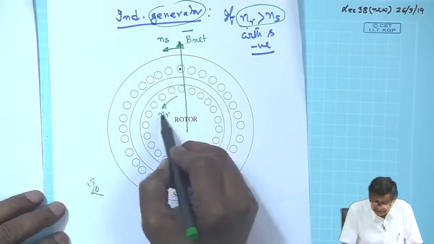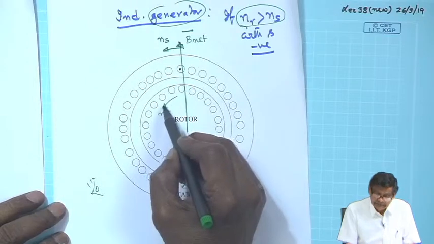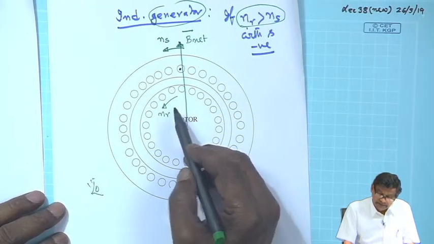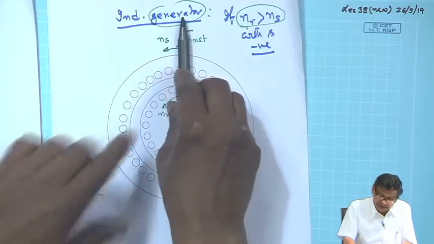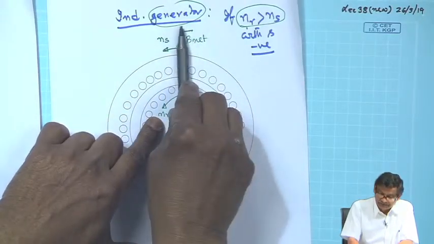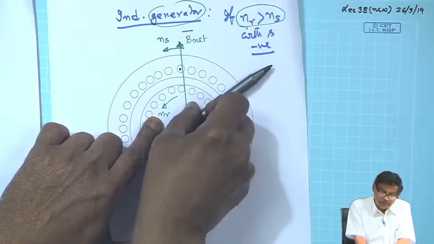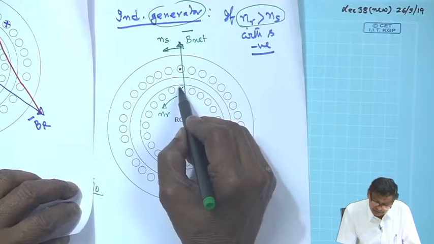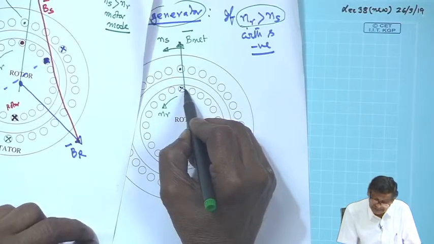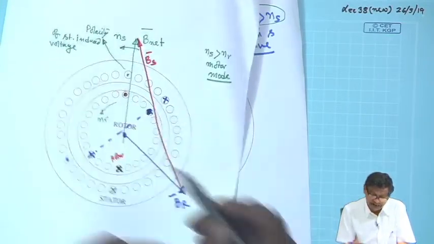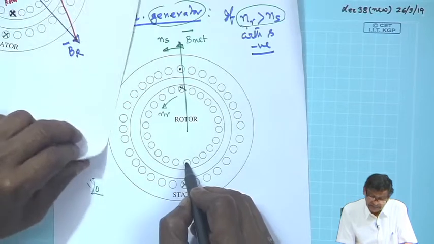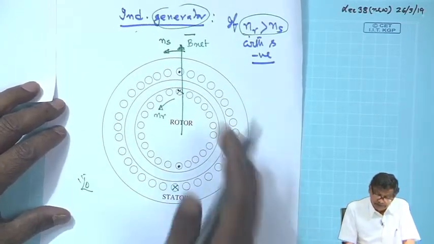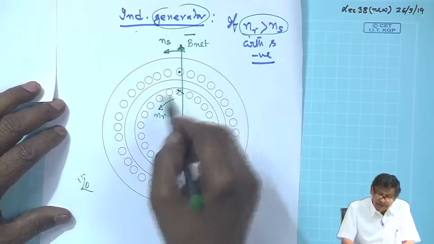However, since n r is greater than n s, this time if you are sitting on the rotor, this field is moving in this direction. Therefore, the polarity of the induced voltage in the rotor will change. With respect to the earlier one, this will become cross, and this will become dot. This will be the polarity of the induced EMF.